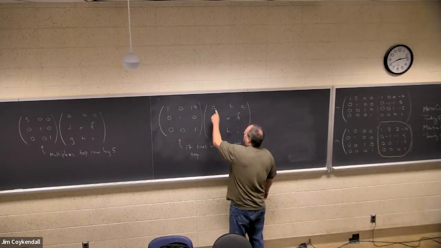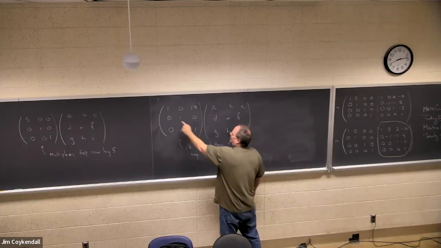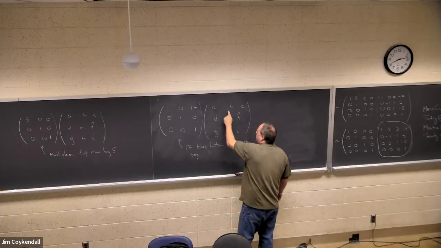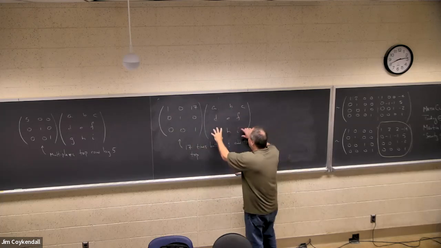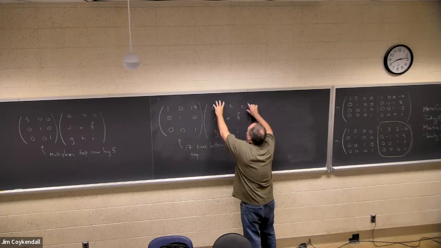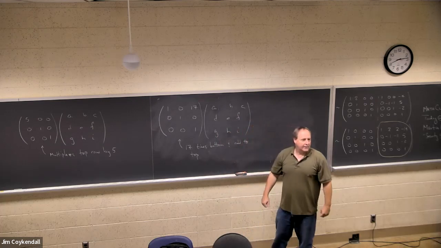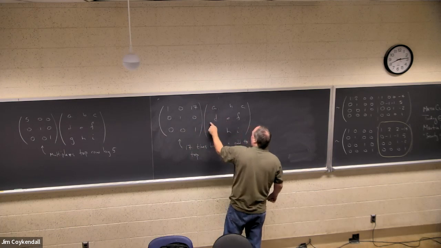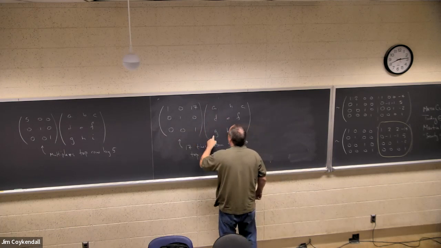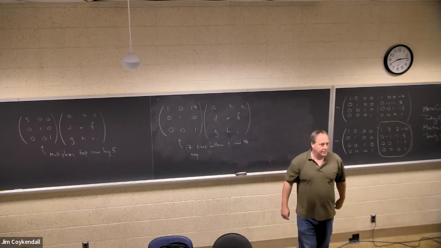This row times this column, you've got A and then 17G. This row times this column, B plus 17H. This row times this column, C plus 17I. So effectively, I've taken that bottom row times 17 and added it up there, and everything else is left alone. This times this just reproduces DEF, and then this reproduces GHI.